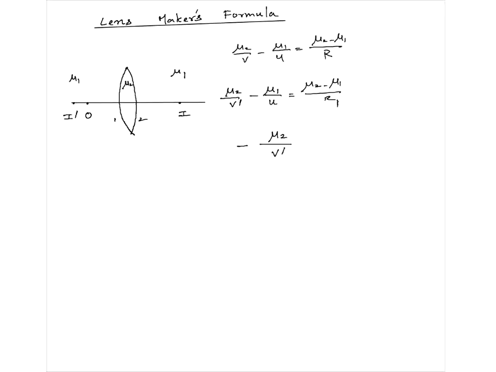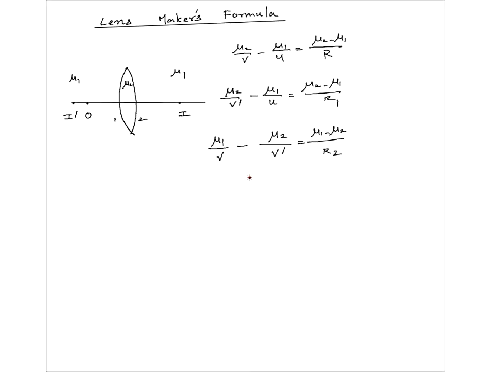Mu2 final is mu1 in this case, and absolutely final V is V. Then they will interchange their positions. R2. Now R2 will come with sign depending on whatever case we are handling, both convex, both concave, or whatever. So this will be a general thing which will be valid.